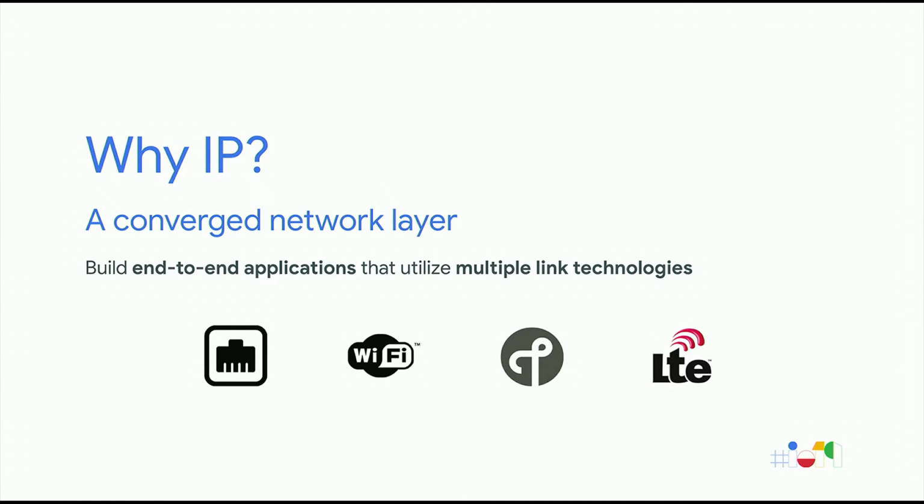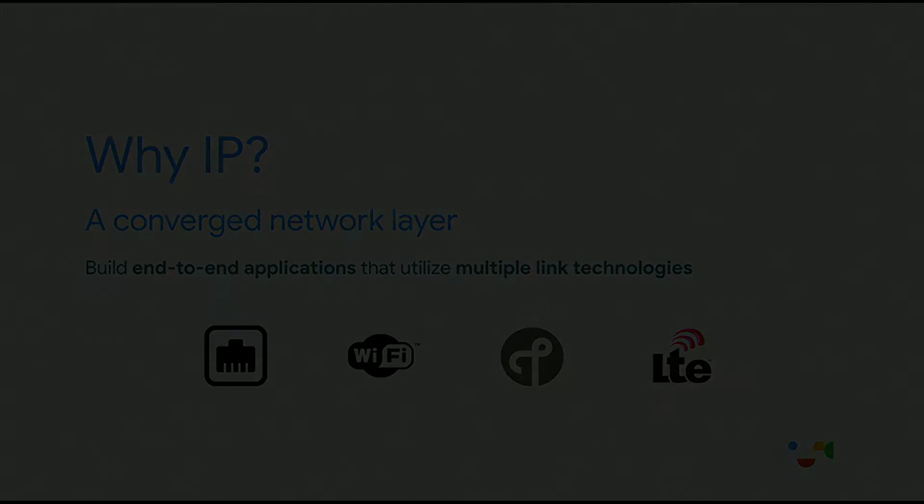Now, Thread support for the Internet Protocol is a key differentiator, and most existing technologies do not support IP. So why is IP so powerful? Well, first, it means that we can build solutions that utilize a number of link technologies, including Wi-Fi, cellular, and Thread, and have all of those devices communicating with a common single application layer end-to-end without needing to build and maintain application protocol gateways.